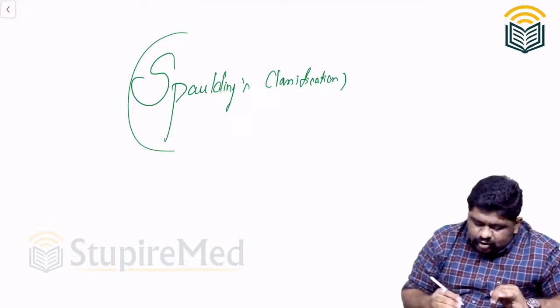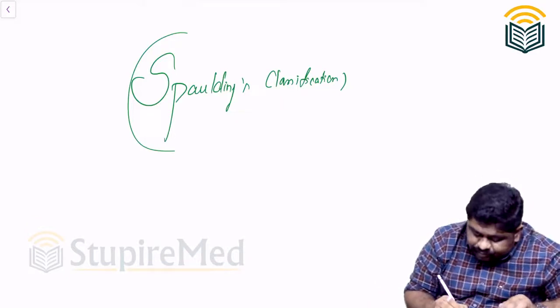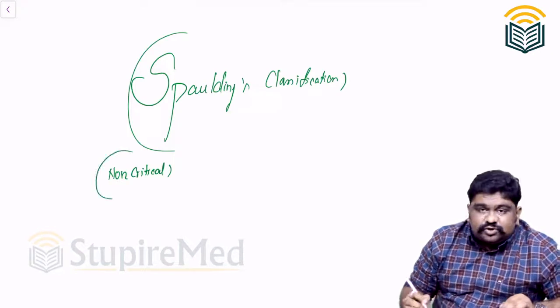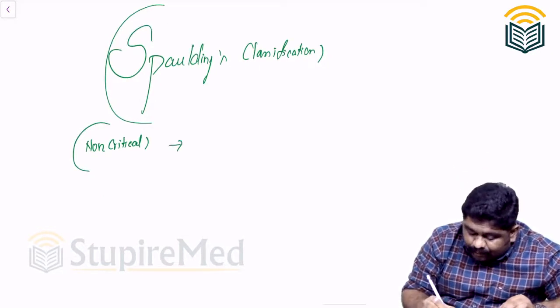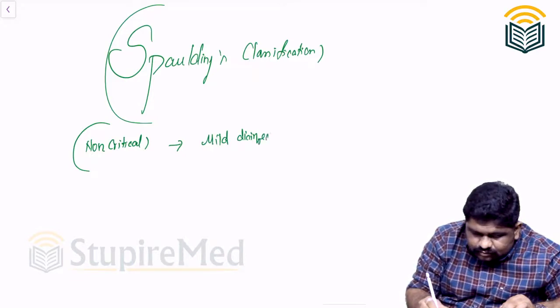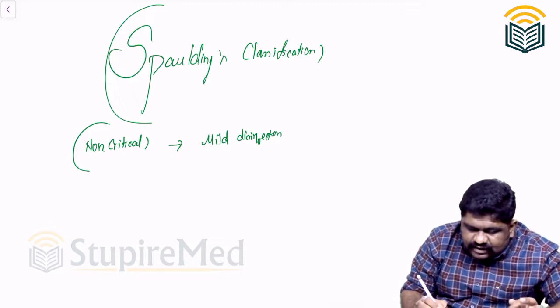So think about it. You divide all these items into non-critical items, for example, a stethoscope. They require mild disinfection or low level of disinfection.